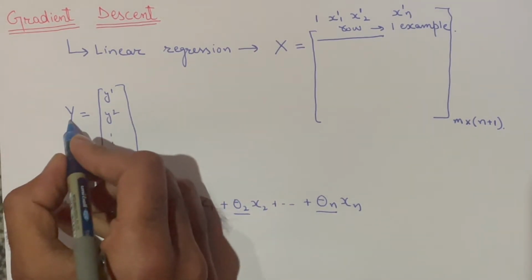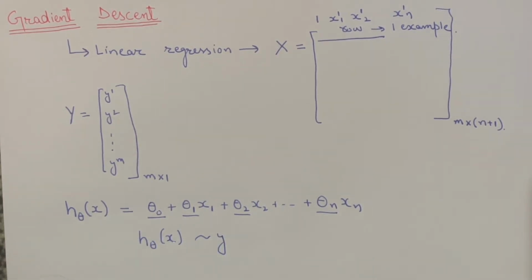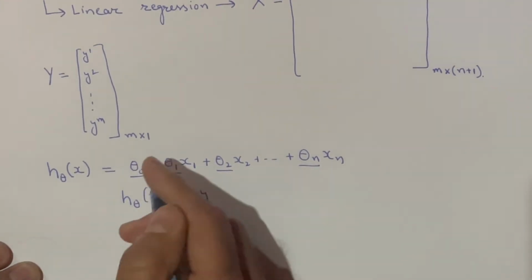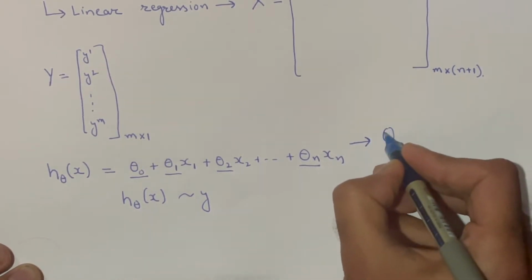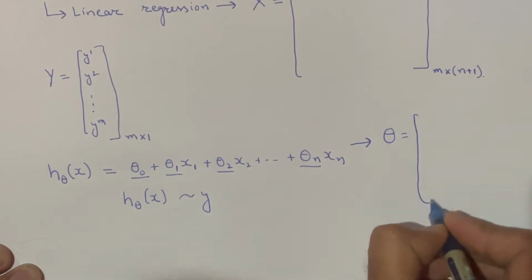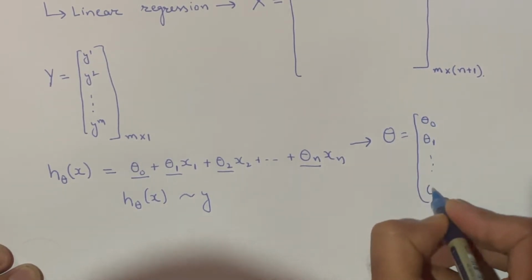Now our aim is to find the optimal value of these parameters such that this hypothesis function is similar to the actual output. We wrote these parameters in a matrix format like this: theta is equal to theta 0, theta 1, up to theta n.